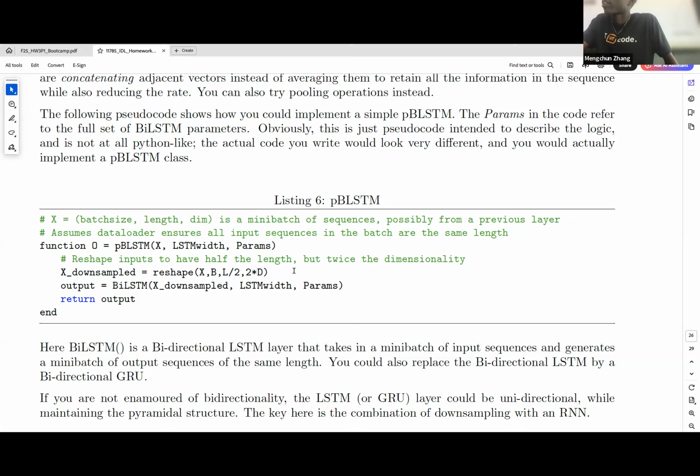For Fourier transform, the question I'd ask is, should you be applying it in the data set or in the architecture? I think in the architecture. I don't have an answer to that right now. You should probably post it on Piazza and we shall follow up and tell you if it's actually an allowed method or not.